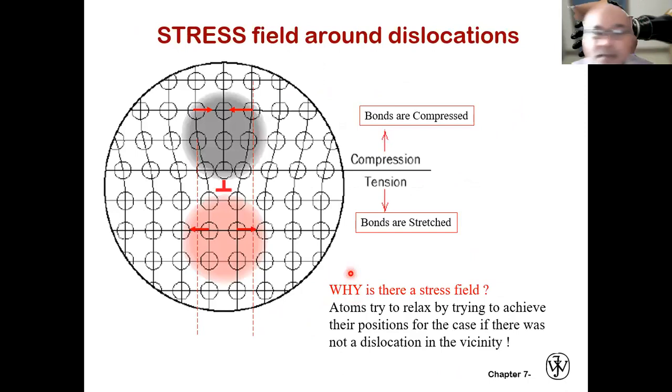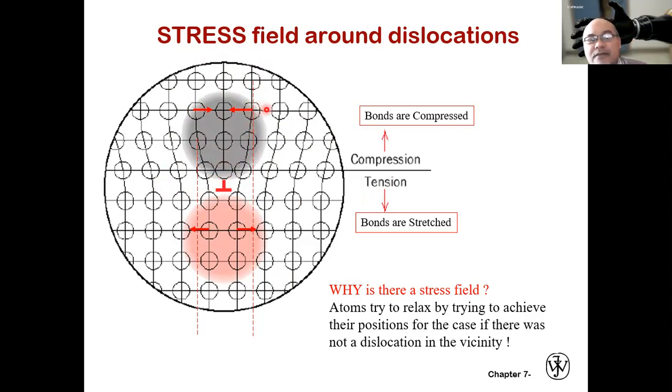So what about the stress field around the dislocation? So we have this one line dislocation, right? On the upper part, since they are here, especially the planes, is trying to minimize the energy in order to be in equilibrium. Yeah? The upper part, so here you will have a smaller distance of the atoms compared to the field far beyond this dislocation line.